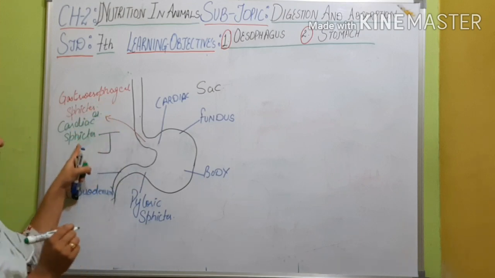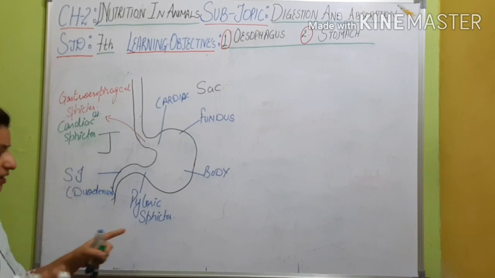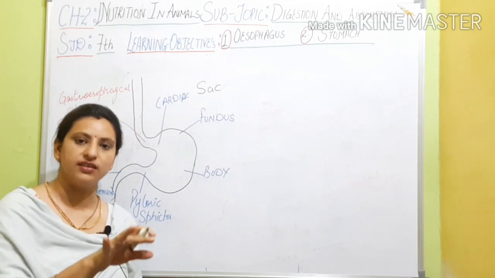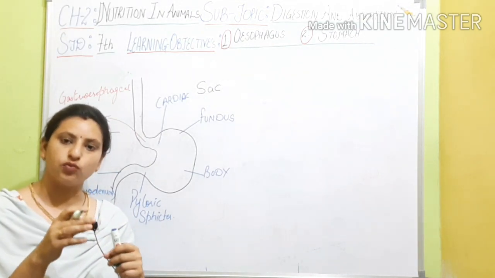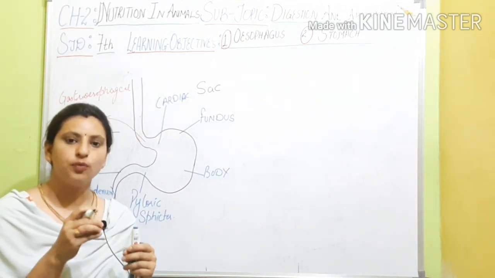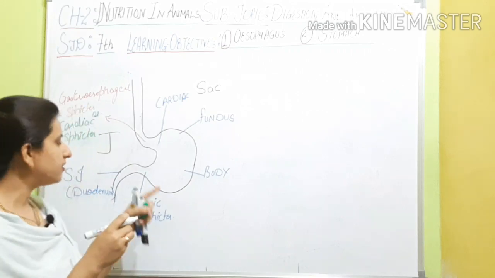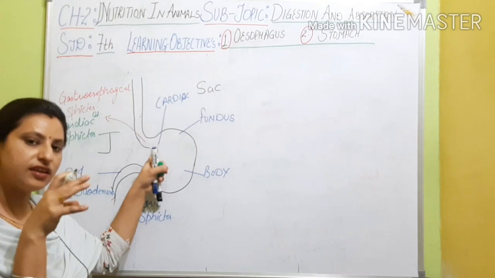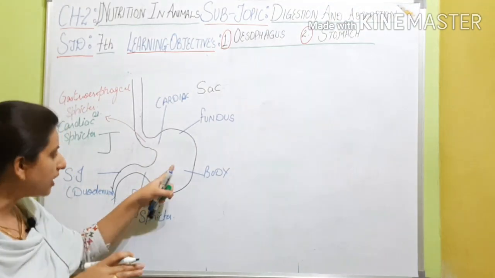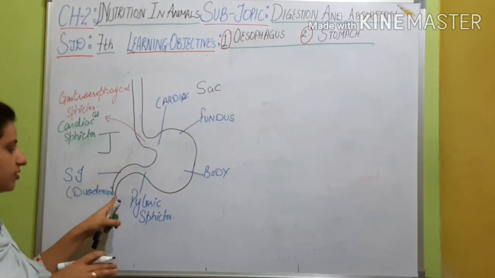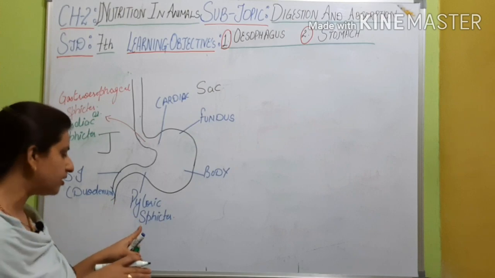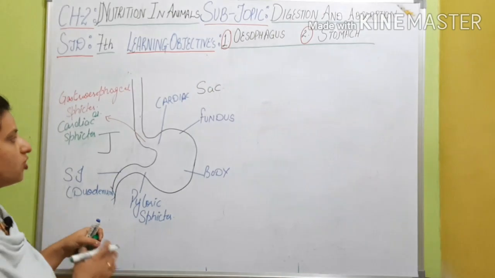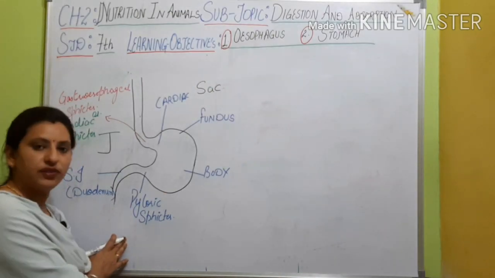Sphincter, I again clarify, means that part which does not allow anything to go easily, and it somewhat restricts the movement of the food particles. If food is coming from the esophagus, it comes in a controlled manner. If the digested food is going out from the stomach through the pyloric sphincter, that is also in a controlled manner. So this is all about the parts of the stomach.